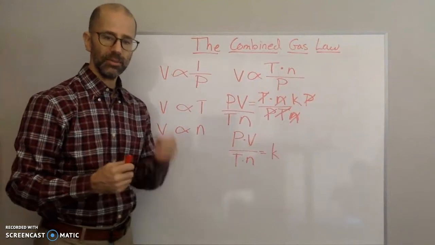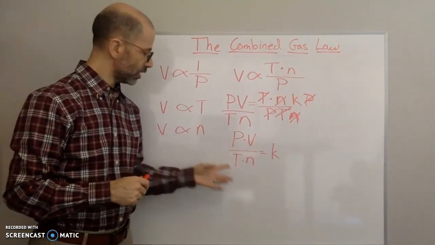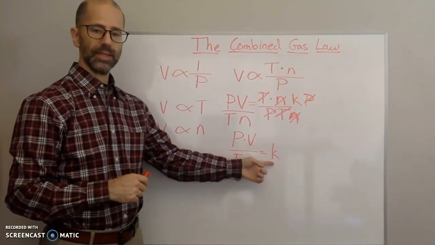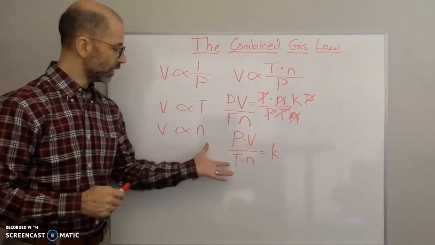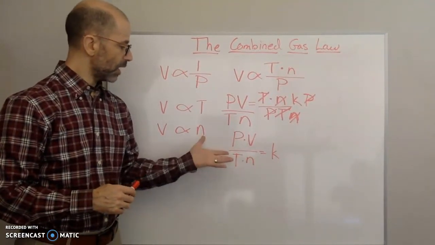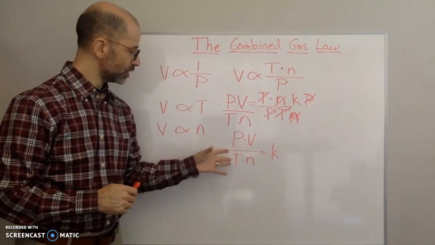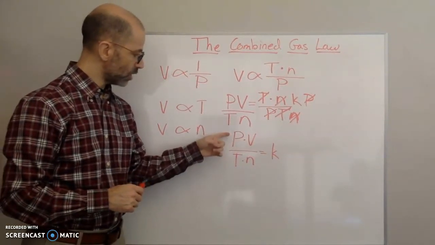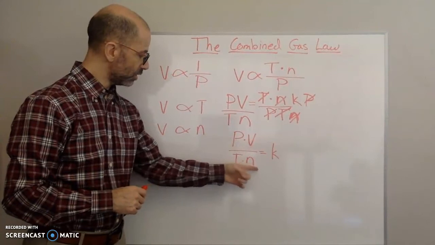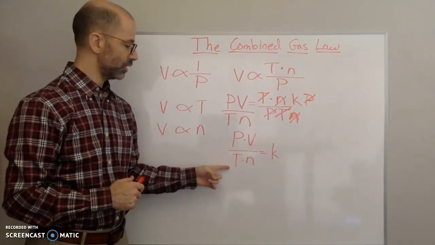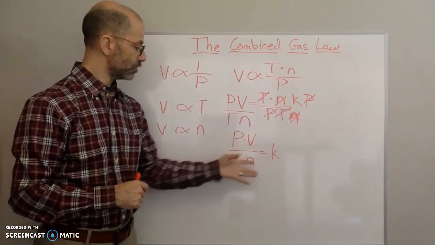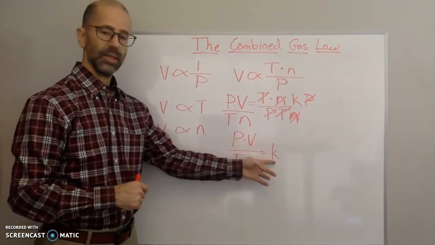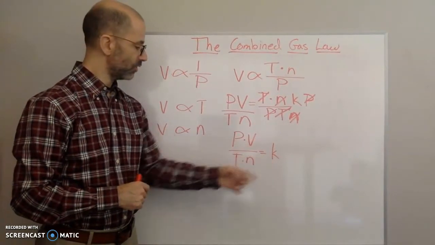And so once again, all four of these are equal to a constant K. What we can do now is, we have this relationship where if I change one, then the others will have to change in order to balance and keep K the same.